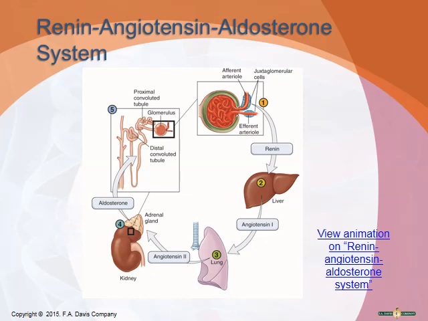An interesting fast fact on the bottom of 362 is that during shock, when there's, say, hypovolemia, the sympathetic nervous system kicks in, causing vasoconstriction of the afferent arterioles, which causes blood to be diverted from the kidneys to keep it in the heart and the brain.